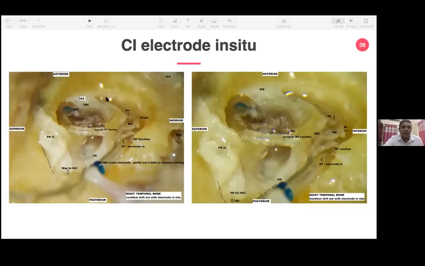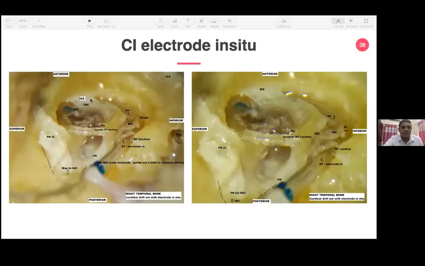So the basal turn and the middle turn are to be stimulated more than the apical turn. So this is the electrode. This is the Advanced Bionics mid-scala electrode inserted through the round window into the scala tympani of the basal turn.